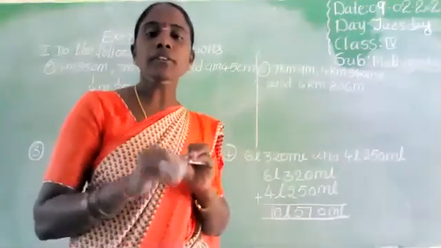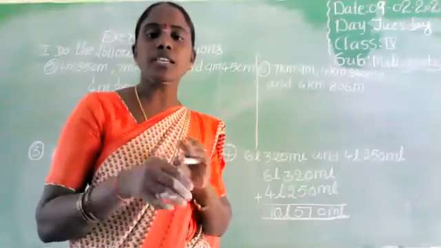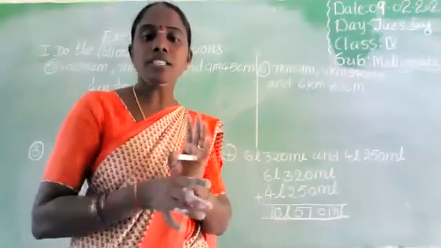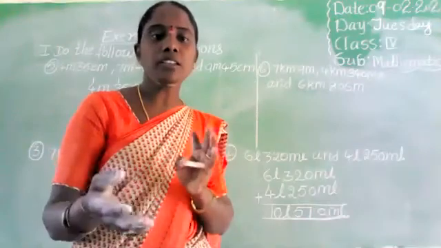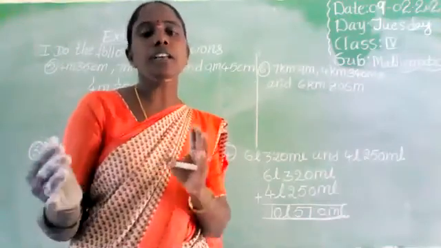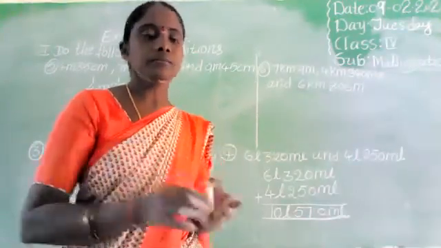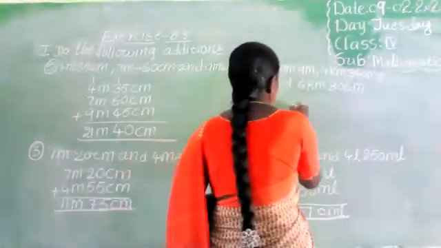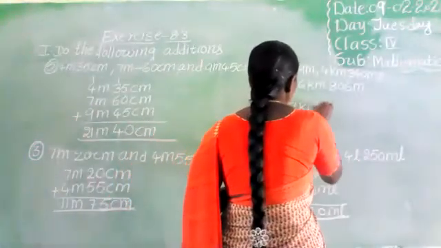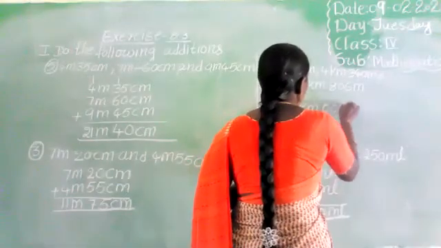So what do we do? You have to change it into a 3-digit number. How can we change it? 9 meters equals 009, we can write. See here, 7 kilometers, 009 meters.